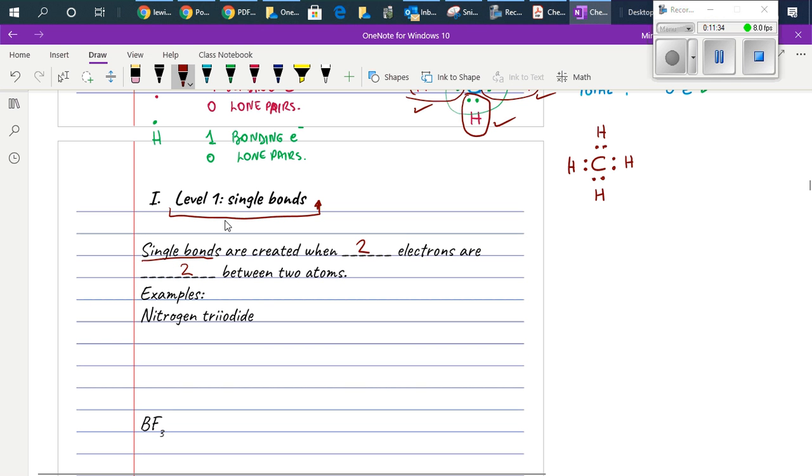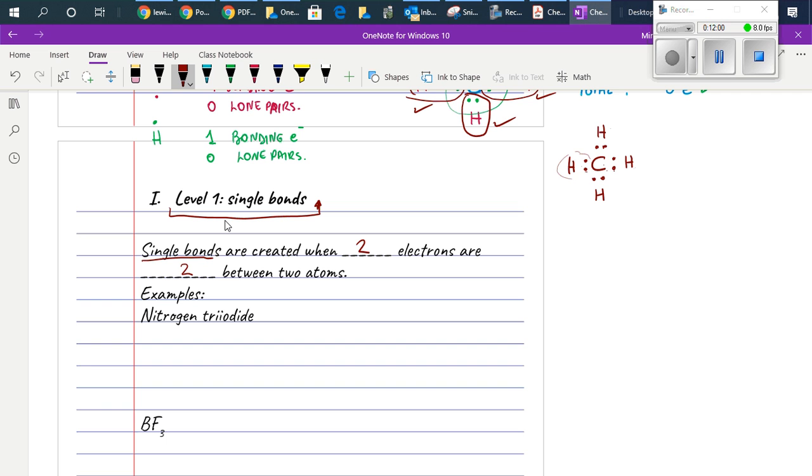Those 2 electrons are shared between the central atom carbon and the outer atom hydrogen. Each of them is sharing those 2 electrons. So this particular bond that is created between carbon being the central atom and each of the hydrogens as the outer atoms is known as a single bond.